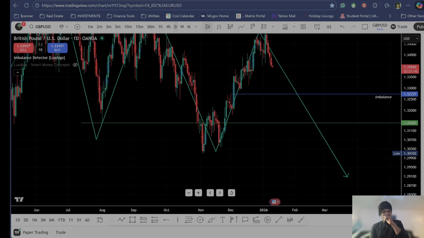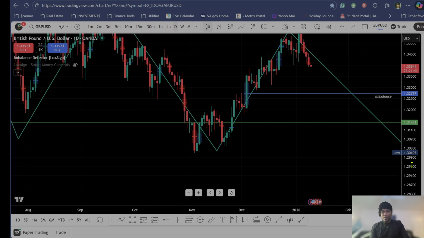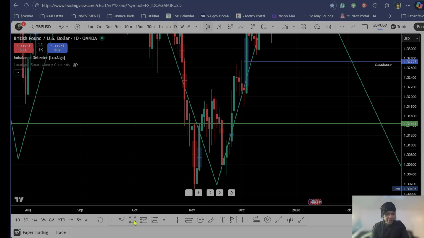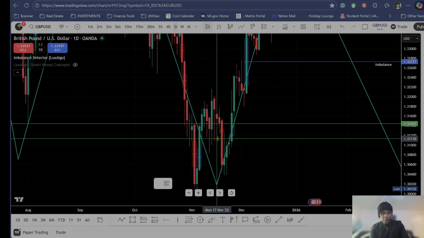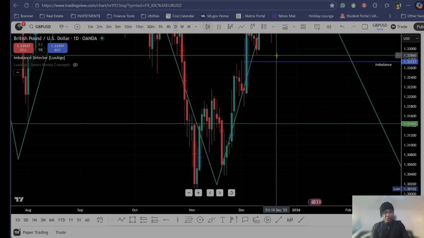Okay, let's look for some other imbalances. This one, it looked like it hasn't been touched. Okay, I could click on this. These are my favorites, all my favorite little toolbox, my toolbars that I use. I could click on that, or I could just copy.